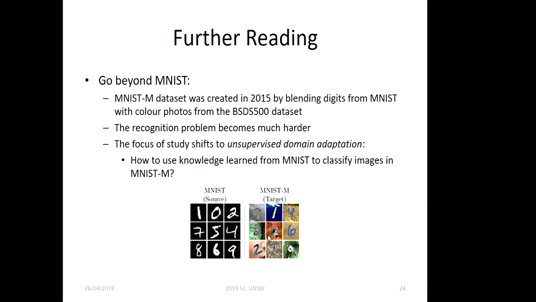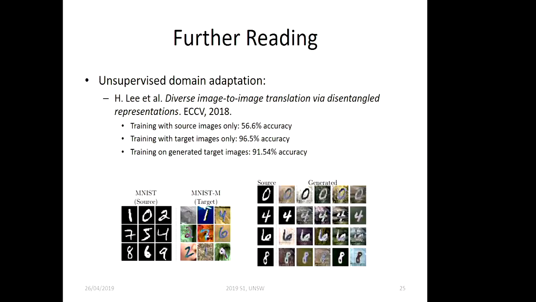So even for human eyes, detecting those numbers can be quite a challenge. This is called the MNIST-M database. And from the method side, if you just use all these images with the ground truth labels to do the training, you can still get pretty good accuracy. Now it's 96.5% accuracy.